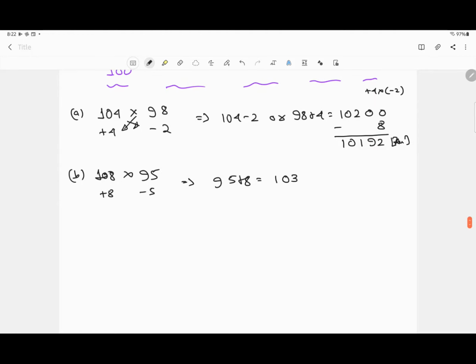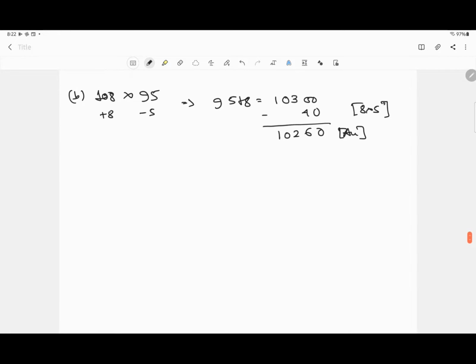So we will subtract it from 10300 and we will get 10260. That is the answer. Okay, so it is simple. So if you have one number above 100 and one number below 100, you can do it very fast using this method.